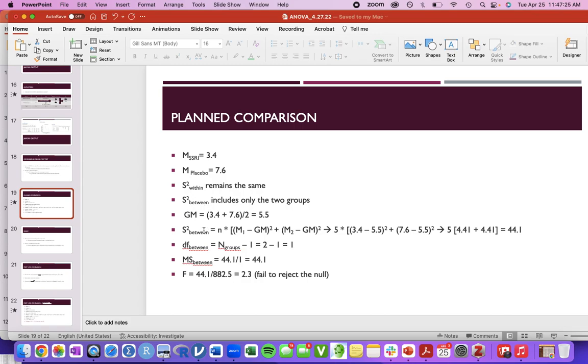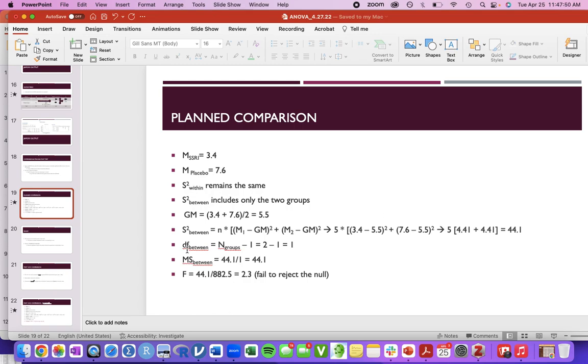So we're going to end up subtracting our mean 1 from the grand mean, finding that squared value, and multiplying by the number of people in each group. We're going to do that across both groups, and we'll ultimately get an answer of 44.1.